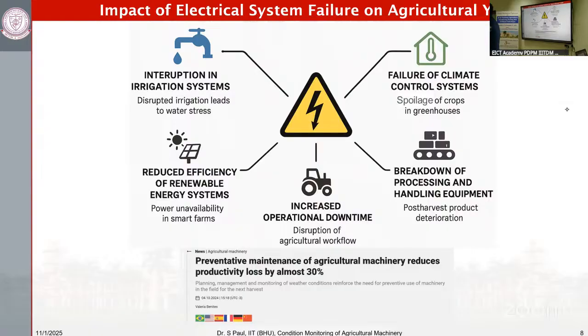After some time, it will fail another equipment, then another, and one fine morning you just try to drive it and it will stop working. And then the breakdown of the processing unit is the same as your downtime. It has been estimated that almost 30% loss is seen nowadays because of not doing this preventative maintenance properly, especially for the agricultural system.